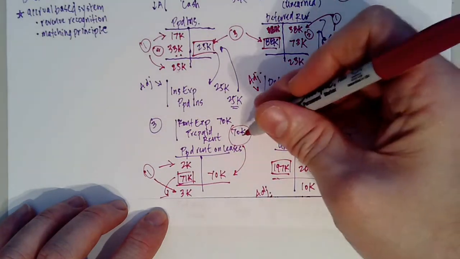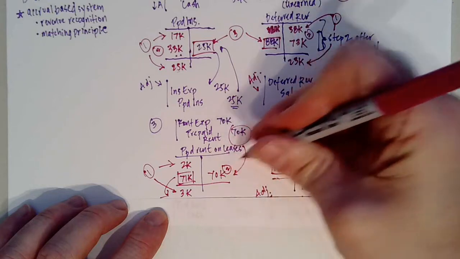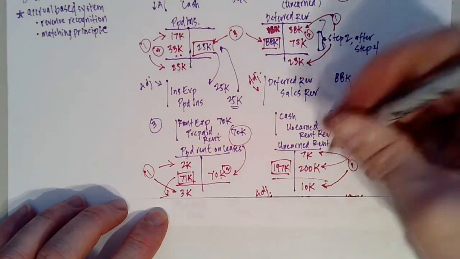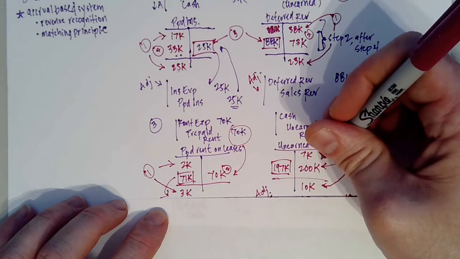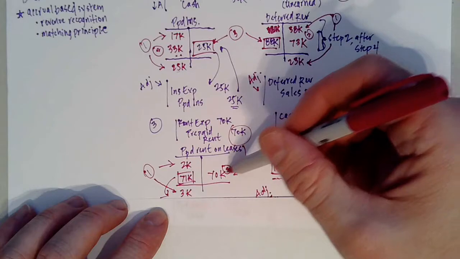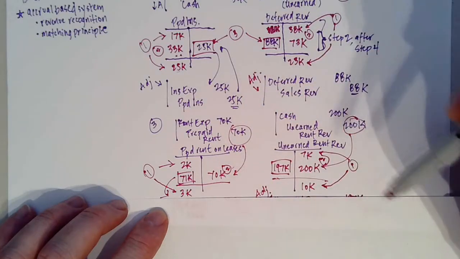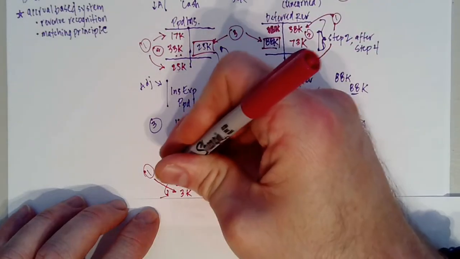Step 2 is to incorporate this information from the problem and those journal entries that I recorded above, bringing the $200,000 down as a credit here and then earned rent revenue, bringing the $70,000 down as a credit here to prepaid rent on leases. And then step 3 is solving for these missing amounts.